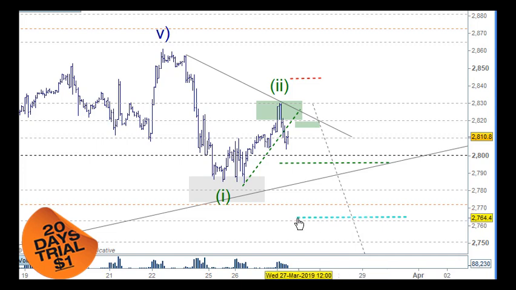So if you're wondering what the S&P is doing, then this is pretty much it. We're just seeing it step lower through this particular pathway here.